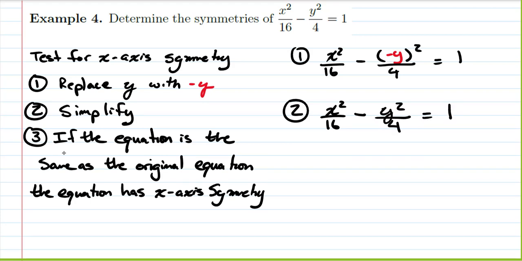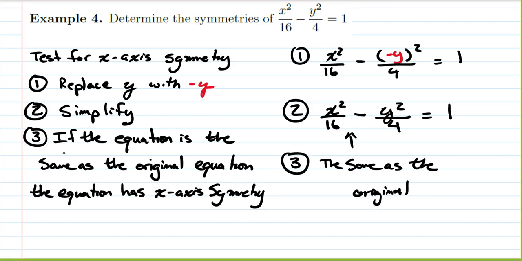So we simplified, and now the question is, is what we got in step 2 the same as what we started with? And the answer is yes. This is the same as the original, because after we simplified, we got exactly the same equation we started with.